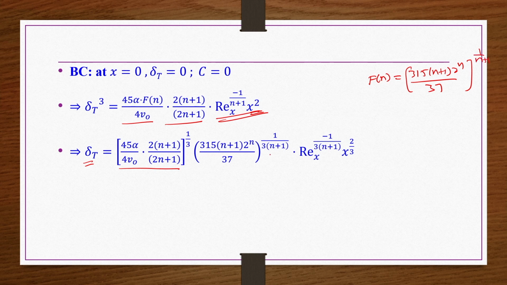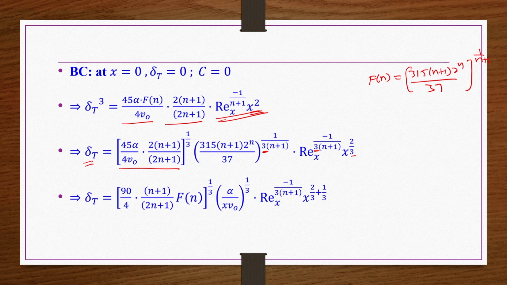So the cube root of this, and then Rex also has 1 by 3, and x also has 1 by 3. Now this 45 multiplied by 2, 90 by 4 n plus 1 by 2 n plus 1, and this Fn I am writing here once again, whole power 1 by 3, and then alpha divided by V naught, power 1 by 3 as it is.